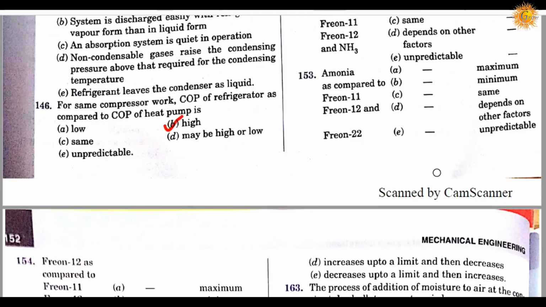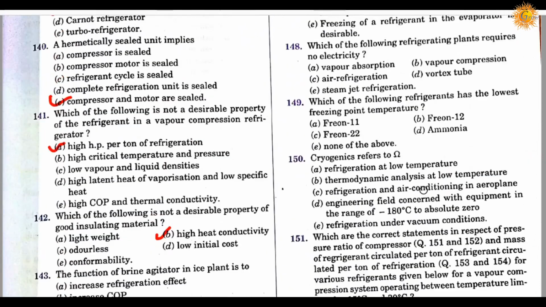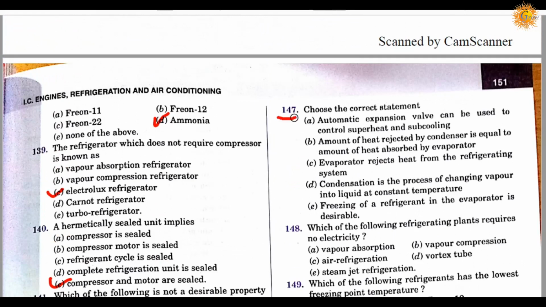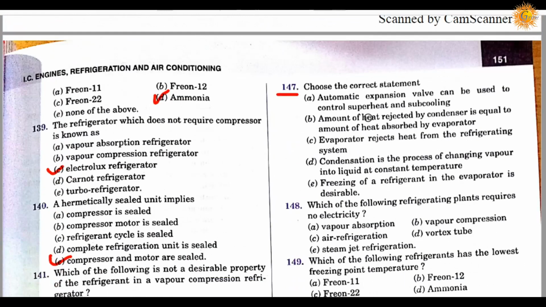Question number 147. Choose the correct statement. Option A, automatic expansion valve can be used to control superheat and subcooling. Option B, amount of heat rejected by condenser is equal to amount of heat absorbed by evaporator. Option C, evaporator rejects heat from the refrigerating system.